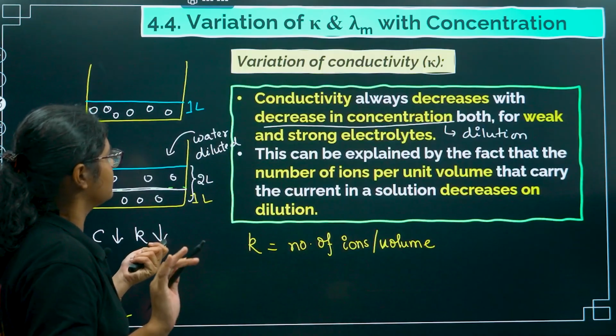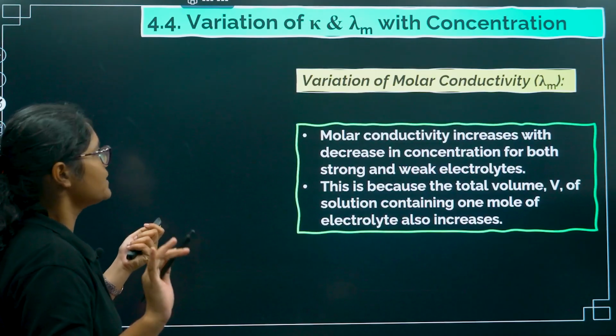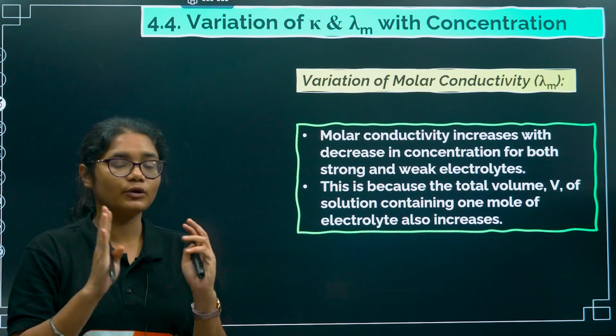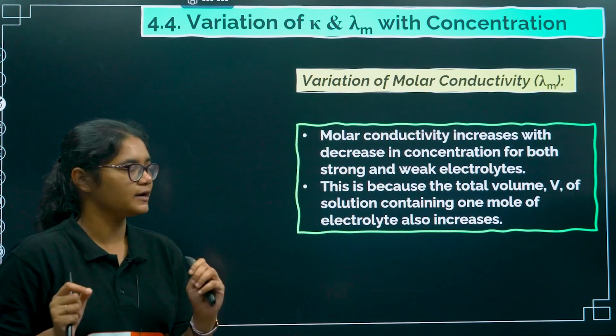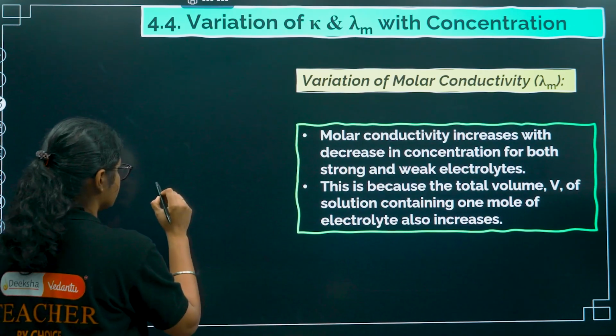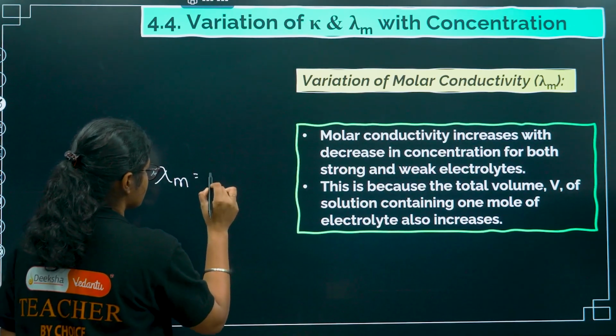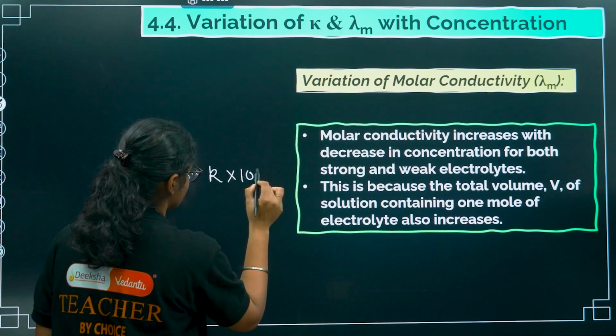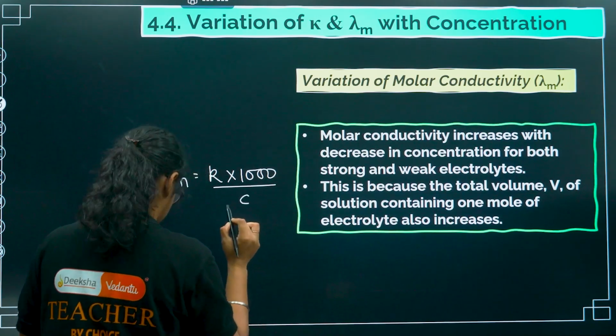So now let's go to the next topic, the variation of molar conductivity. I told you about molar conductivity. What is the formula of molar conductivity? That is equal to kappa into 1000 by C, right?